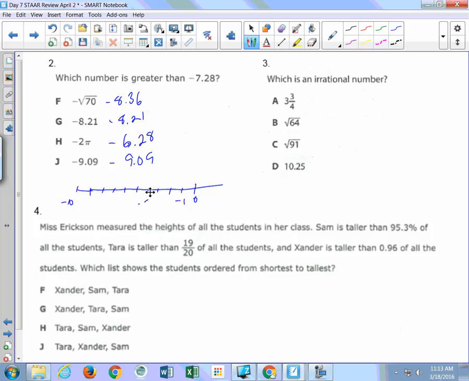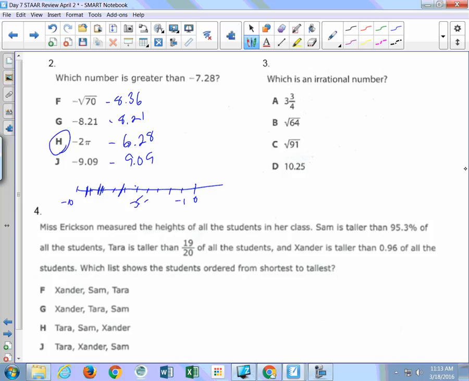Alright, so negative 8.36 is somewhere in here, 8.21 somewhere in there, 9.09 right here. And that 6.28 is right around here. So negative 6.28 is greater than negative 7.28.